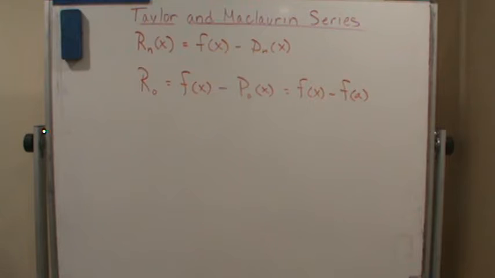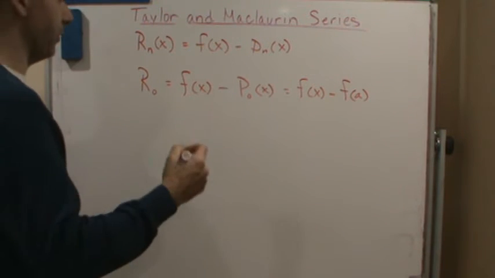Now here's the thing: if the function is differentiable on the interval I containing a and x, then by the mean value theorem, there has to exist a real number c between a and x such that this is true.